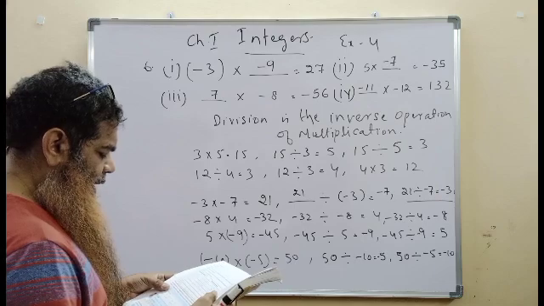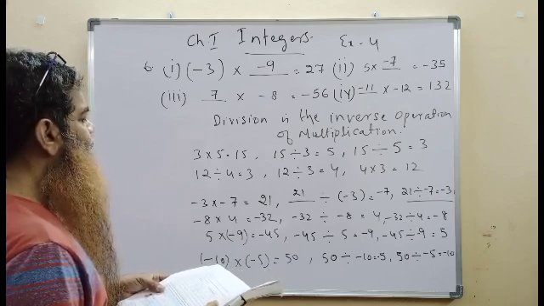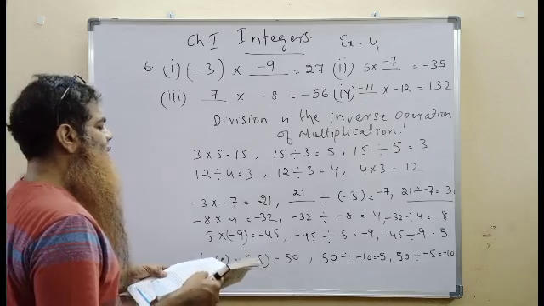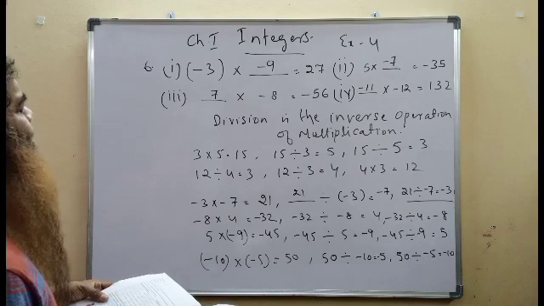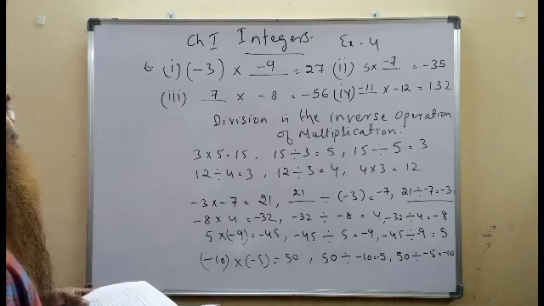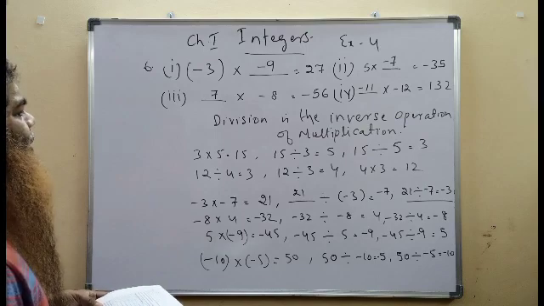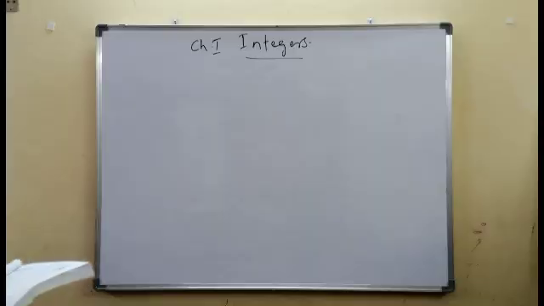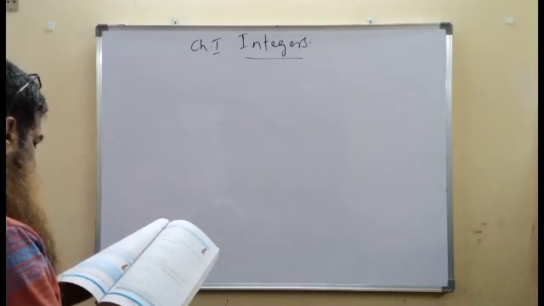We thus get a negative integer as the quotient. When one negative integer is involved, the resultant will also be a negative integer, since again we come back to the rule: if an odd number of negative integers are multiplied, then the resultant will be a negative integer. Now let's do the computations on page number 12.